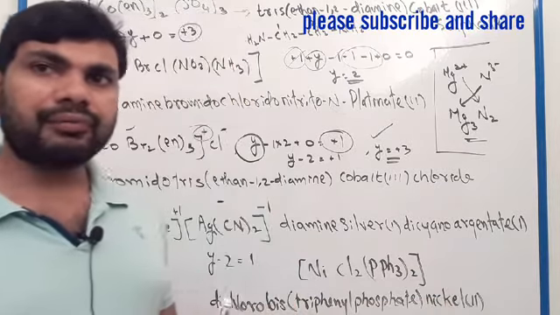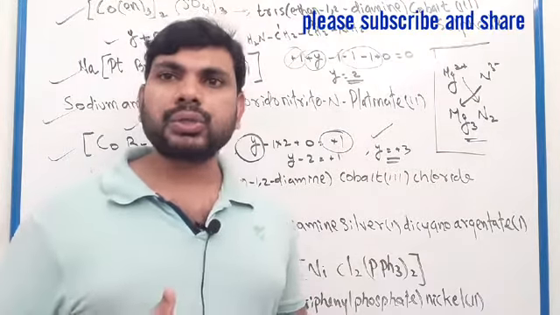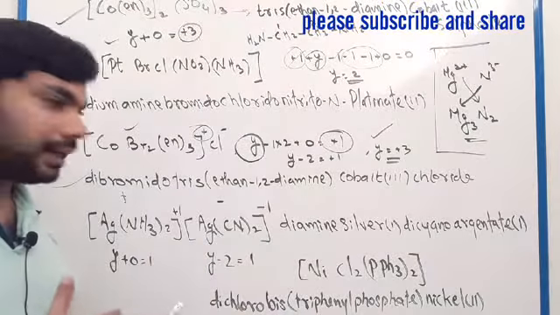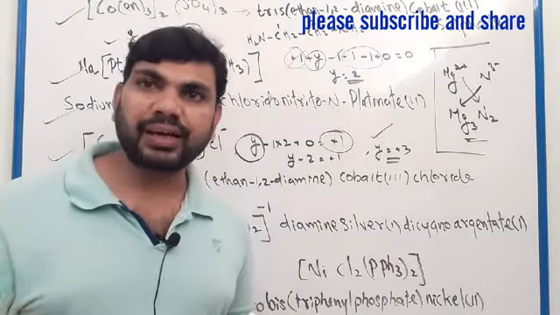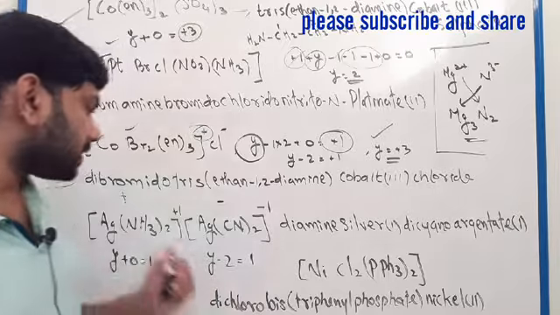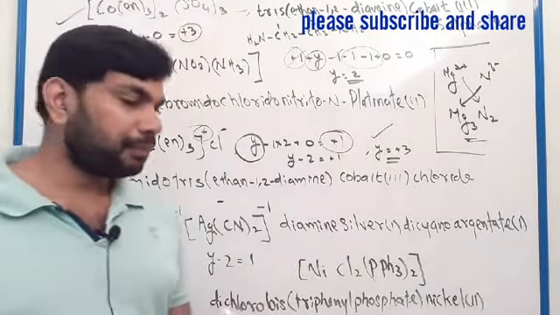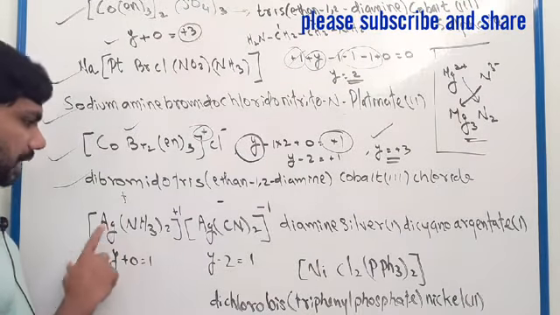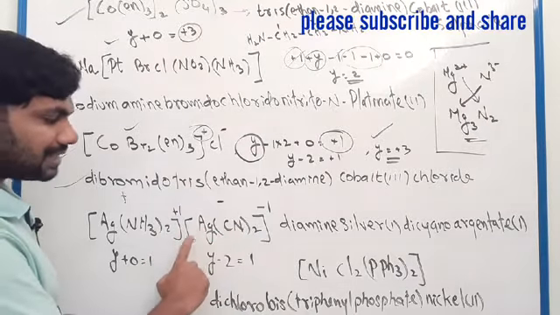Sometimes in some coordination compounds you can see iron. Iron in the positively charged part we say iron. Iron in the negatively charged part we have to say ferrate, not ironate. Similarly here silver and here argentate. So look here, diamine silver, dicyano argentate.